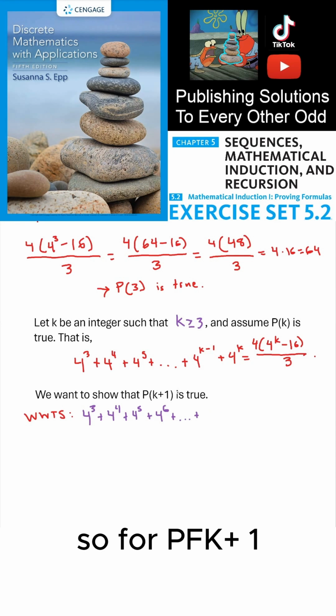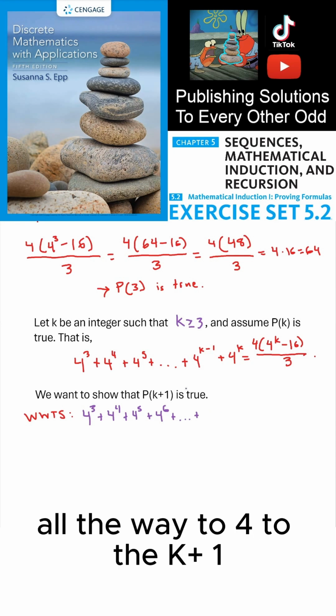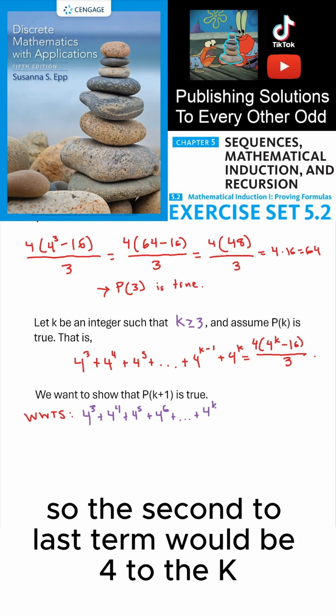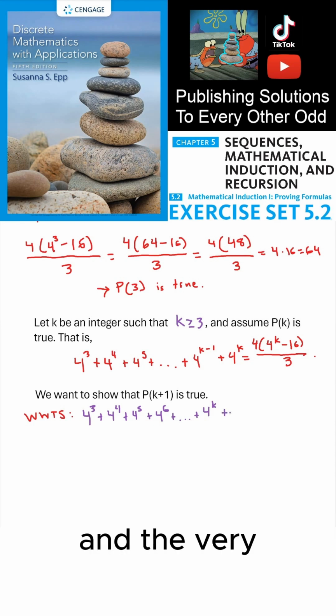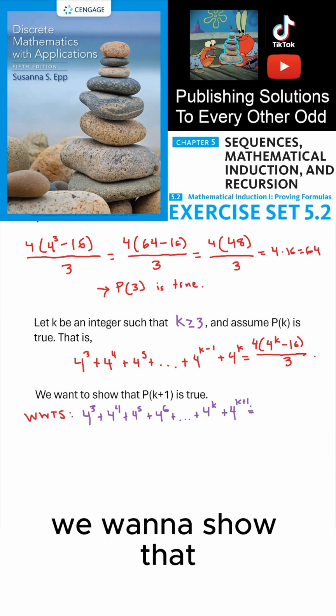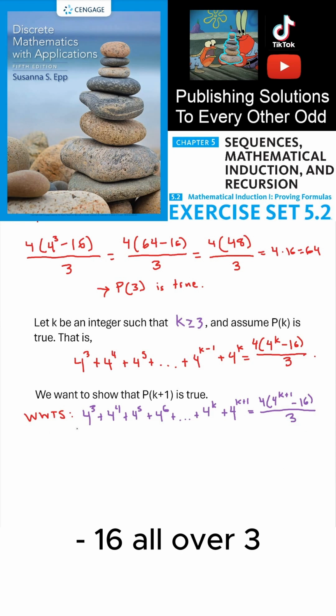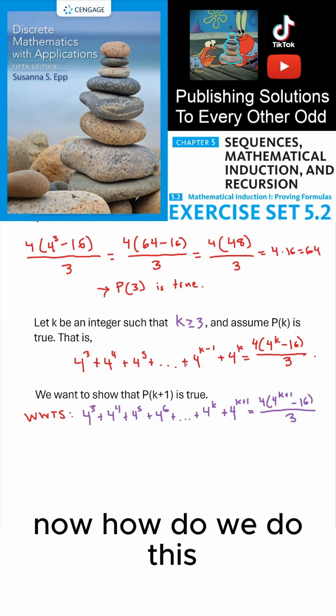For P of k plus 1, we need to go all the way to 4 to the k plus 1, so I'll write out the last 2 terms. The second to last term would be 4 to the k, and the very last term would be 4 to the k plus 1. We want to show that this equals (4 times 4 to the k plus 1 minus 16) all over 3. That's the goal. Now, how do we do this?